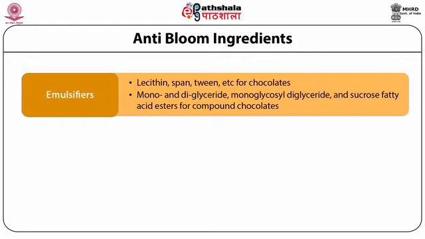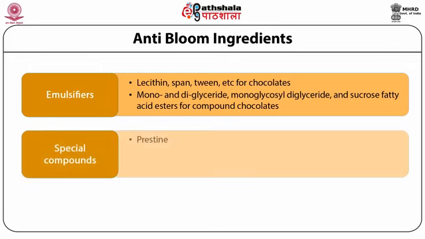Compound chocolates have more ingredients, more different types of fats and different forms of ingredients. As a result, stronger emulsifiers are needed in these types of chocolates. You also have special compounds like pristine, 1,3-oleoyl, 2-stearoyl glycerol and also sugar particles which can help as anti-blooming ingredients.